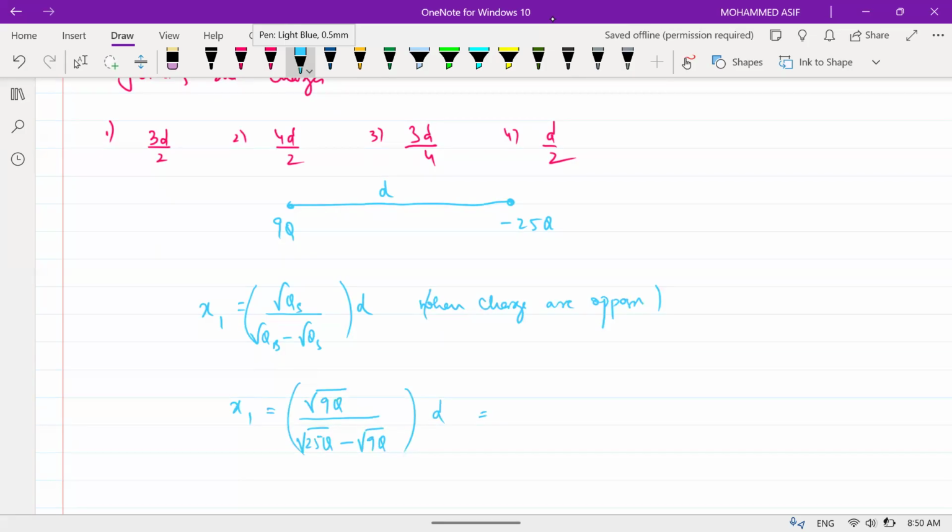So that will be equal to 3 root q into d divided by 5 root q minus 3 root q. So everywhere root q will get cancelled. So this will be equal to 3d divided by 5 minus 3, that is 3d divided by 2. First option. Got it?